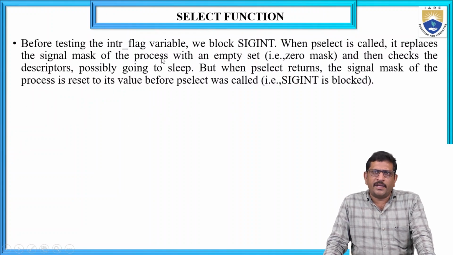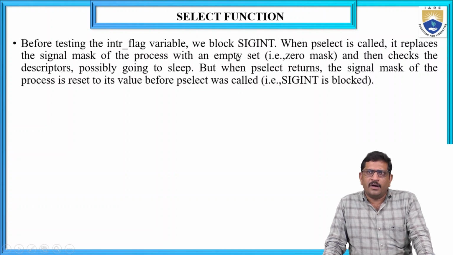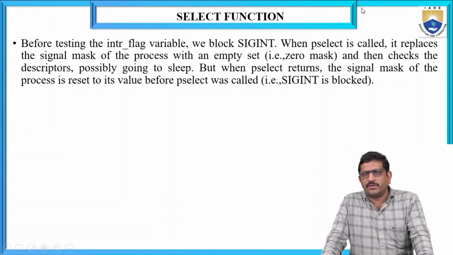Before testing the interrupt flag variable, we have to block the signal, which informs the primary device and secondary device about the collected information being sent from the primary device to the secondary device.